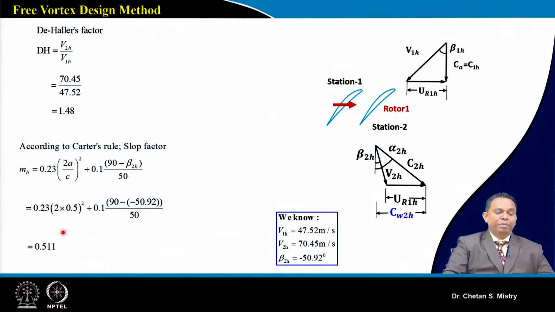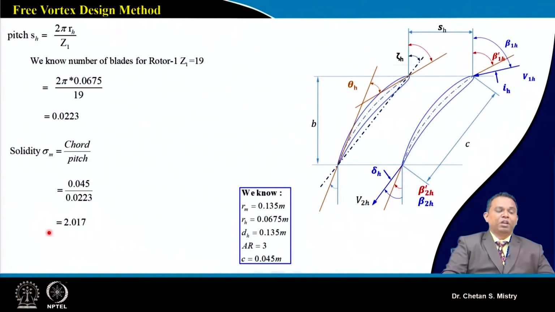Now if we put in the numbers, my m is coming 0.511. Now once we know this m parameter, we can check with the calculation of our solidity. For the calculation of the solidity, pitch is given by 2 pi r by z. So we can say the radius at the hub is known to us.